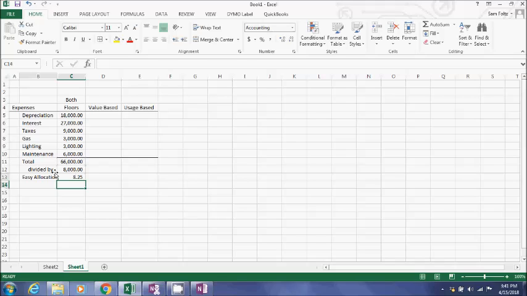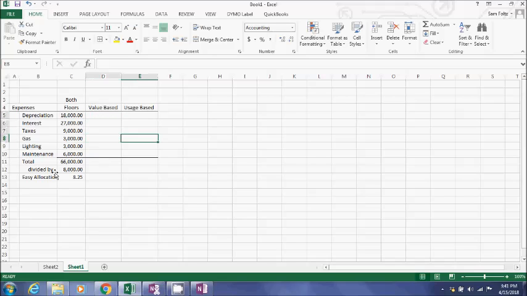That was fun, right? But now they want us to complicate matters and say, we want you to use certain things based on market value and certain things based on usage. And it said that it wanted us to allocate, where was it? Allocate the heating, lighting, and maintenance cost based on square footage occupied.